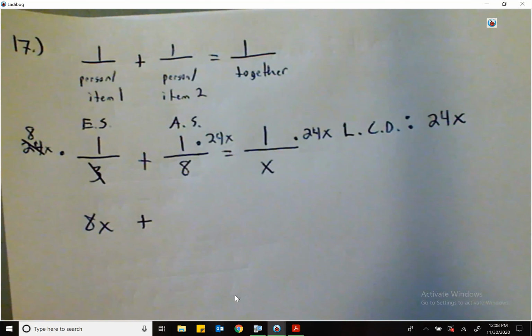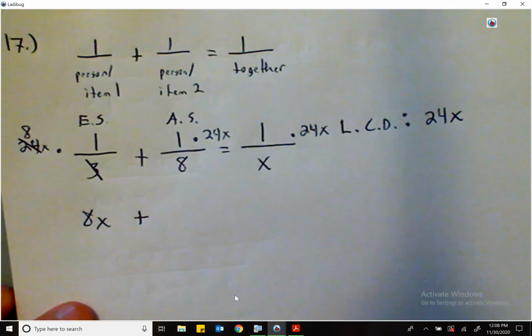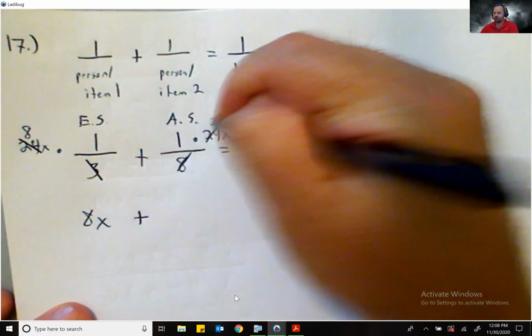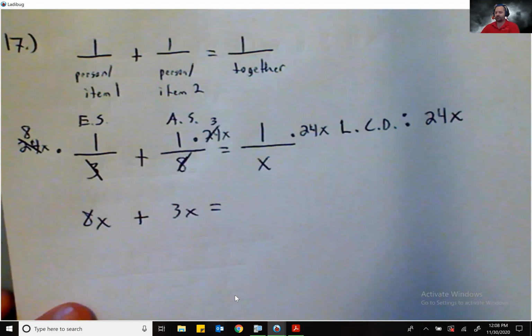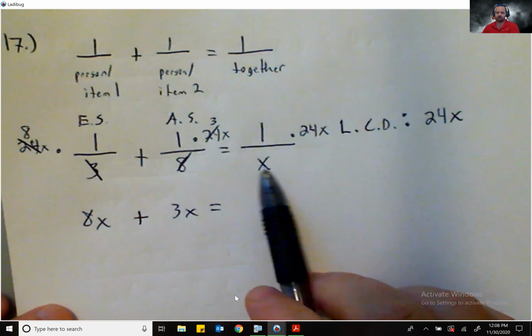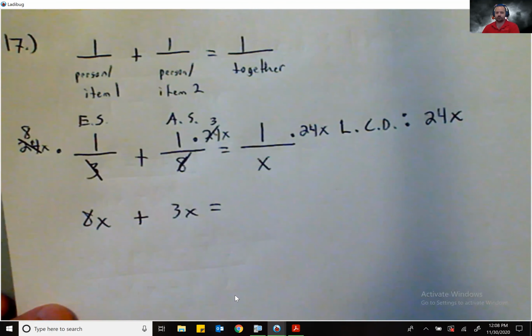The 8 goes away, the 24 becomes a 3, and that gives us 3x, equal to, what's going to happen between the 24x and the x? That's canceled out, and we're left with 24.